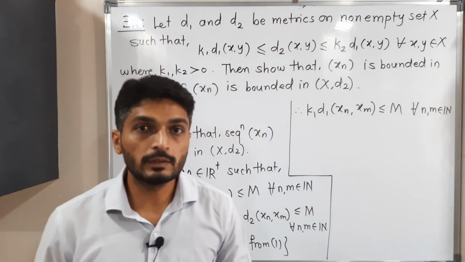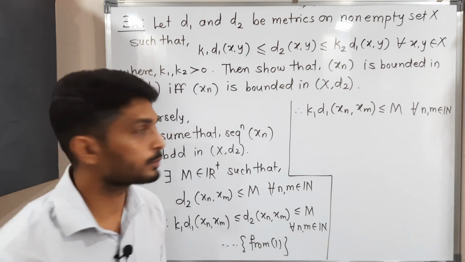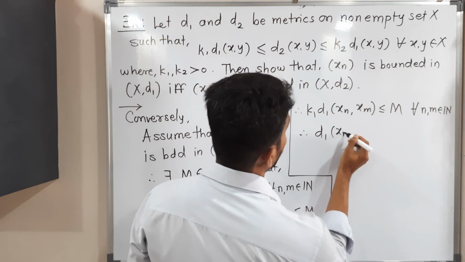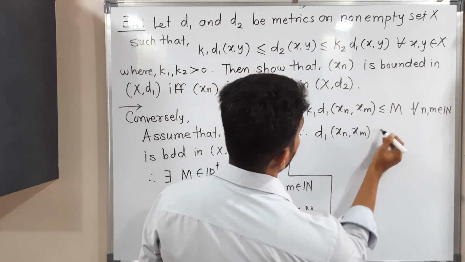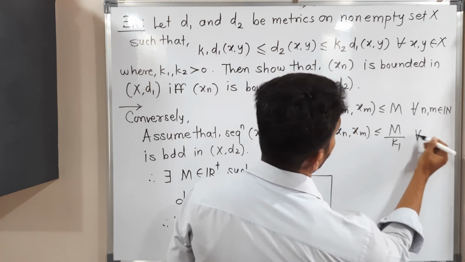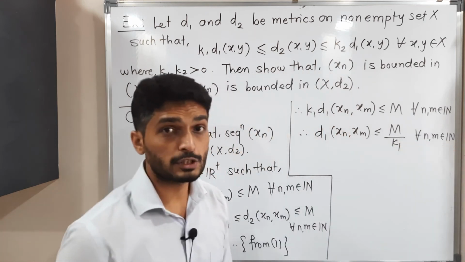k1 is a positive real number, so it is possible to divide both sides by k1. So let us divide both sides by k1. So therefore, we will have d1 of xn, xm less than or equal to m by k1 for all n, m belongs to the set of natural numbers. I will call it m dash.